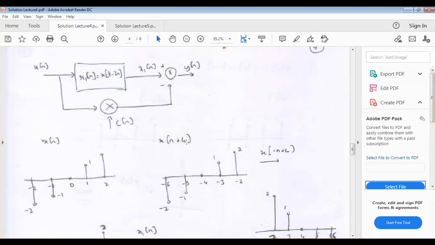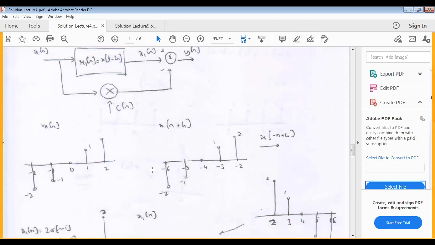We shift it by 4 units to the left. So -2 will now move to -6, -1 will move to -5, and so on up to 2, which moves to -2. This is the result of shifting by 4 units to the left.